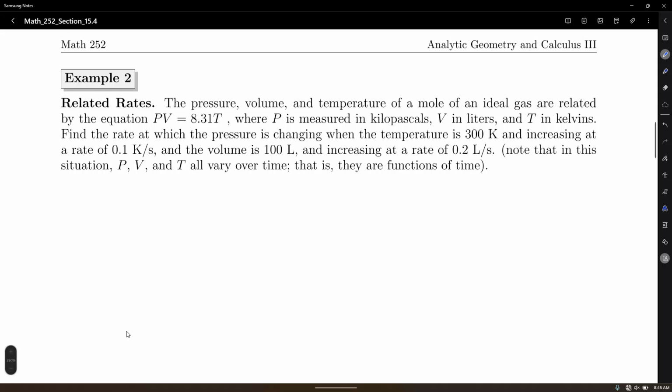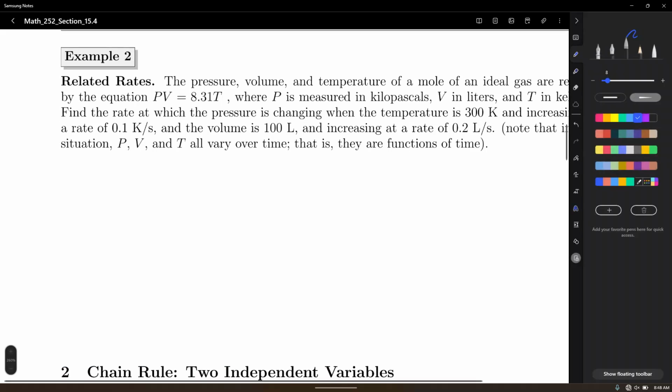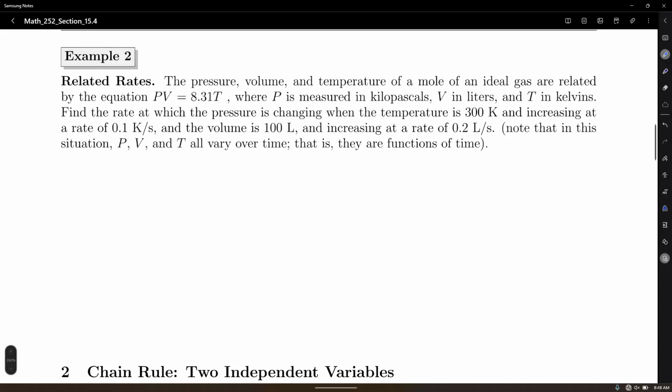Before setting up an expression and before doing any calculations, let's see what we have and what they are asking us to compute. Number one, they're asking us to find the rate at which the pressure is changing, the change of the pressure with respect to time, dP/dt.